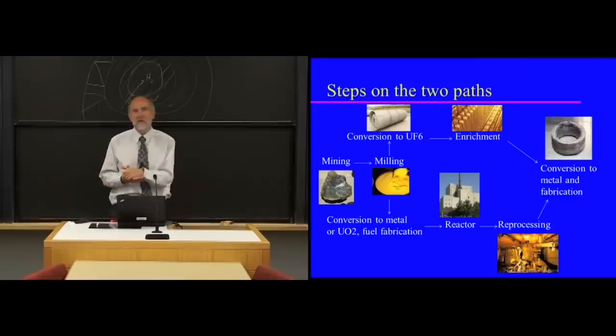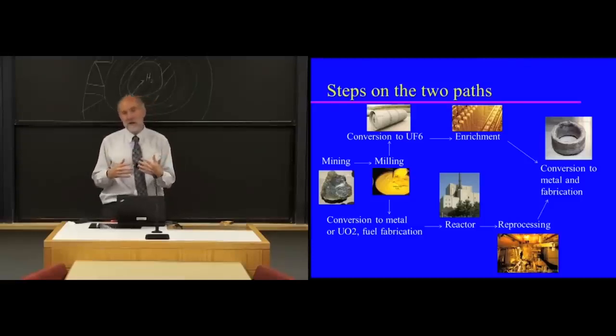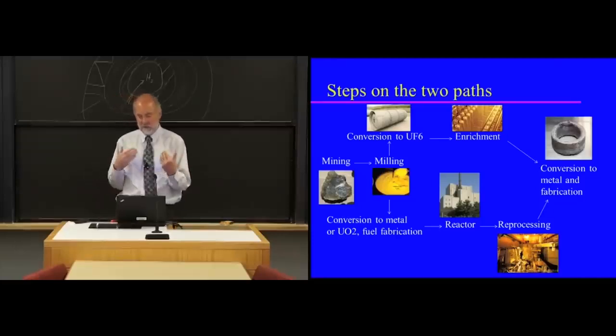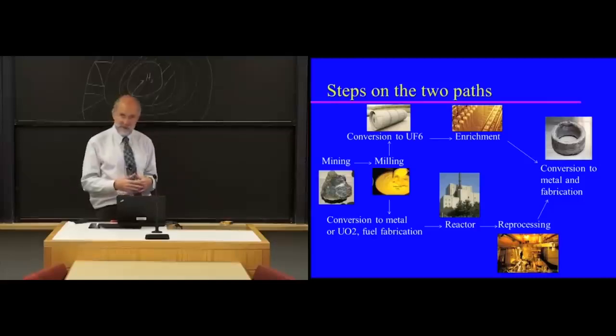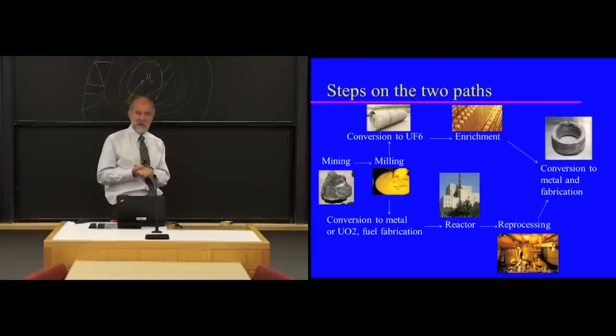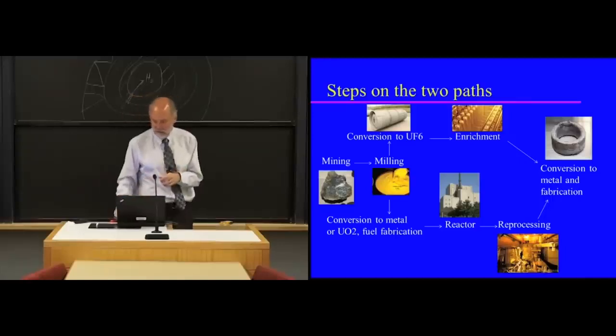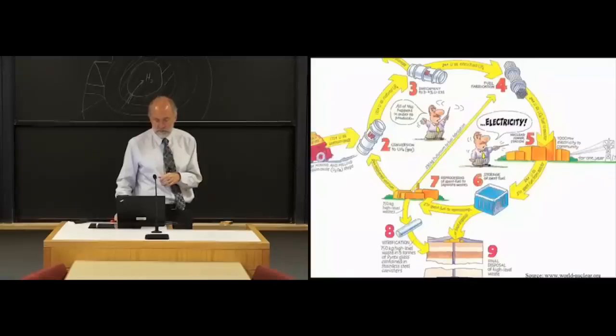It sits in the reactor for a while, generates some fission. You end up with plutonium in the spent fuel. You take the spent fuel, and after storing it in a pool for a while to let it cool off a little bit, you send it to the reprocessing plant, which chemically separates out the plutonium, and then you send it to the conversion and metal fabrication stage.